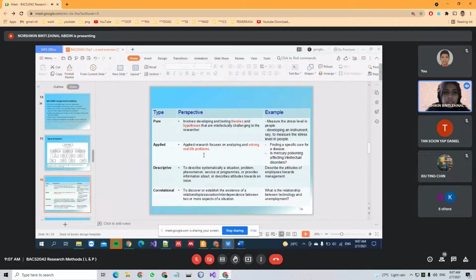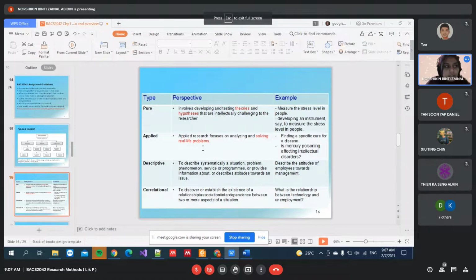So the first one is pure research. Pure research is the original idea or something that has never been done before, and something that can be intellectually challenging to a researcher because it's hard to measure and they have less or no reference before. So that's pure, something that's original.